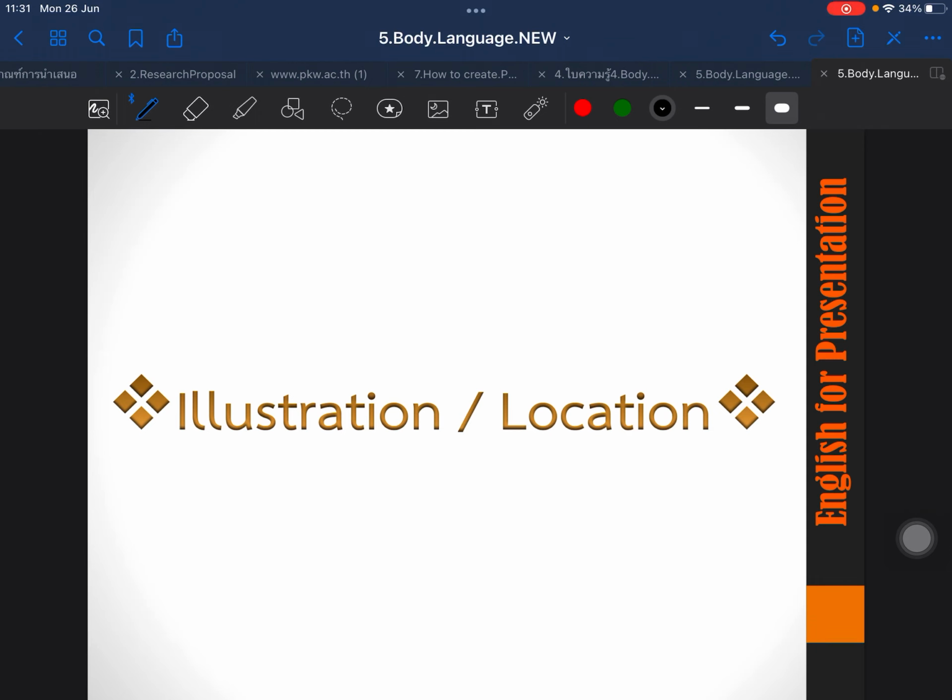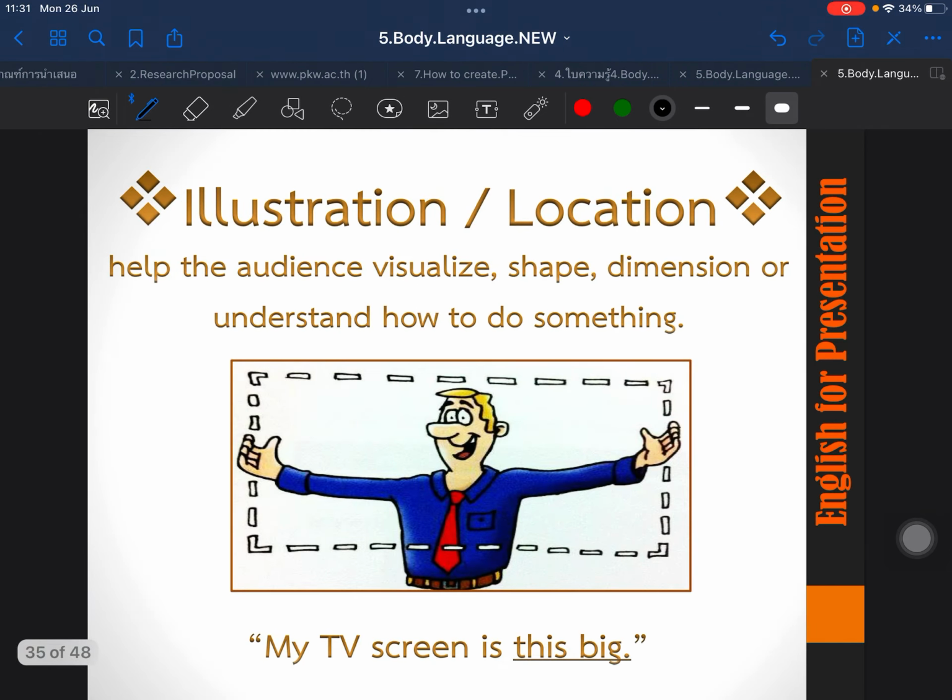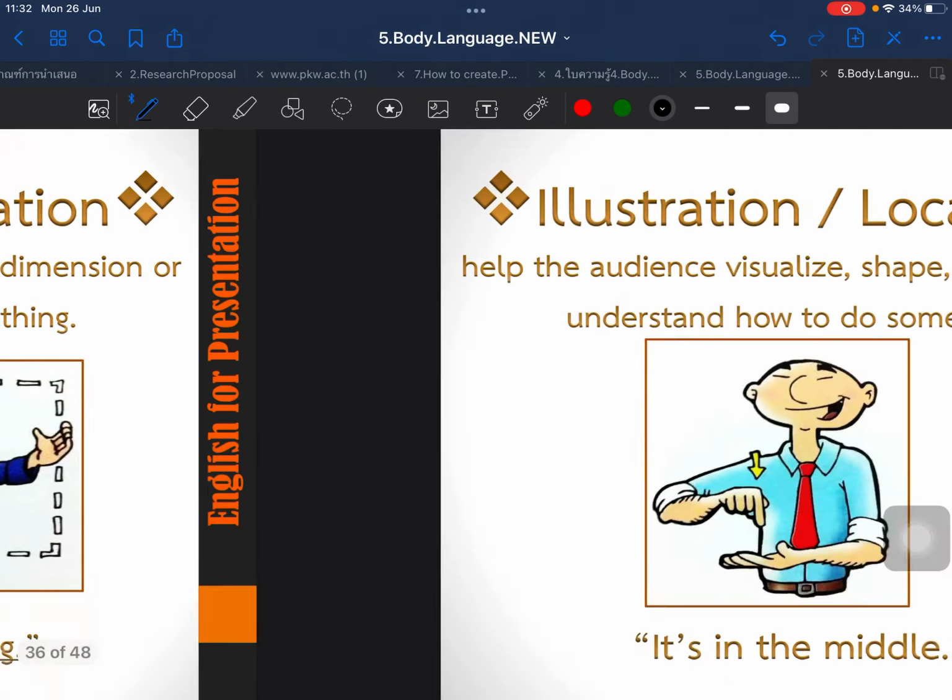And the next one is about illustration and location. As you can see, for illustration, you can shape or form the thing in the air. All right? For example, my TV screen is this big, so you can open your arms, open your palms to show how big the TV is.